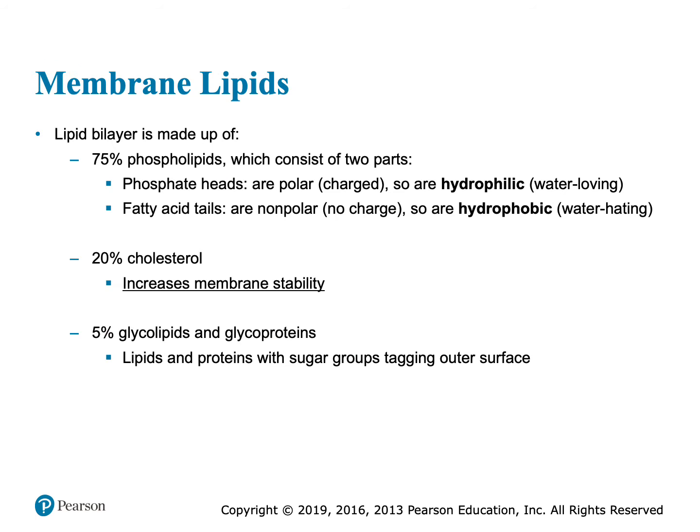So this is reiterating what I just said. The majority of that cell membrane, that plasma membrane, is made of phospholipids. The polar heads, the phosphate groups, actually have a charge. The fatty acid tails are nonpolar, and so they are hydrophobic, and they don't have a charge.